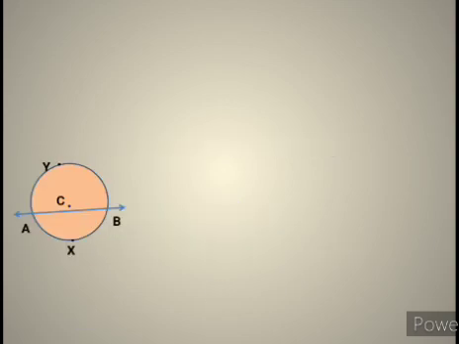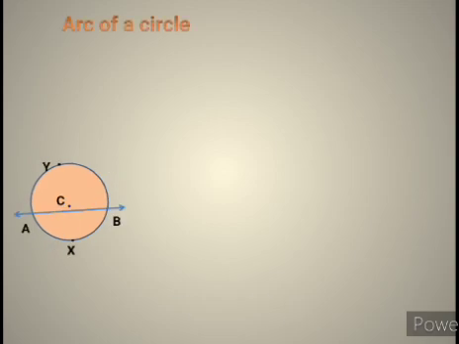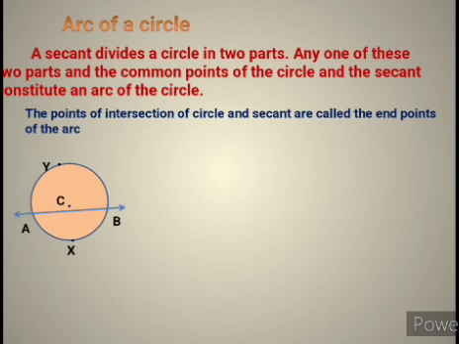Then we have to first see the arc of a circle. Here we have to see the first definition. A secant divides a circle in two parts. Any one of these two parts and the common points of the circle and the secant constitute an arc of the circle. Here the points of intersection of circle and secant are called the endpoints of the arc.